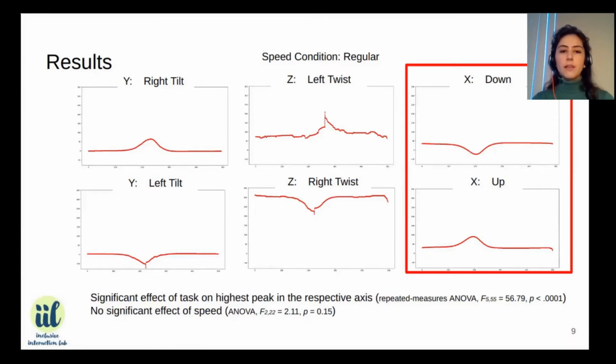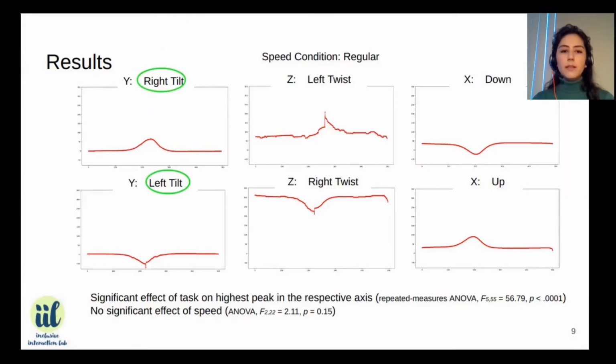Physiologically, it is slightly more difficult for people to perform twist than tilt and up and down gestures. We found this from the feedback we collected after the study. So we picked right and left tilt, down and up for TiltWalker.